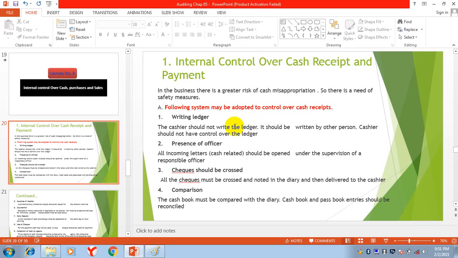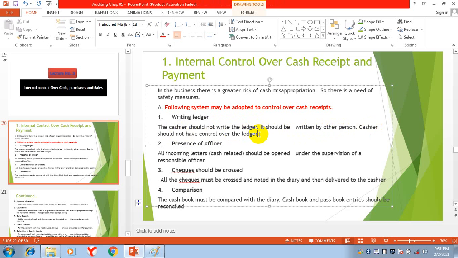There will be a separate person who will make the ledger. Cashier should not have control over the ledger. If cashier has control over the ledger, the possibility of misappropriation will be high. He will just receive cash and pay the cash.